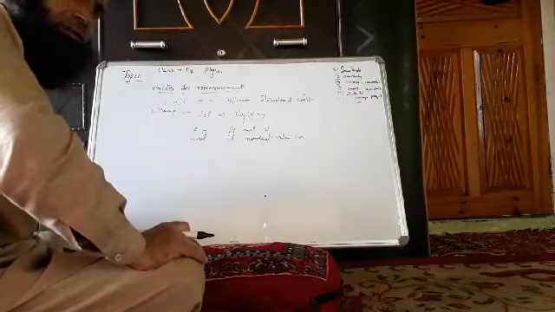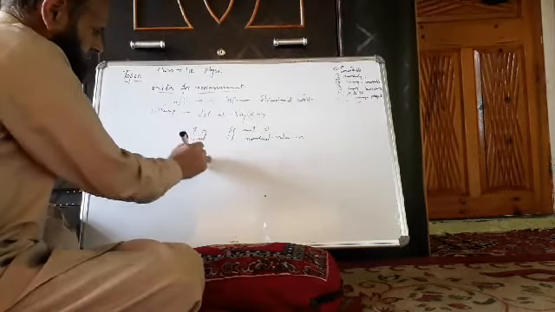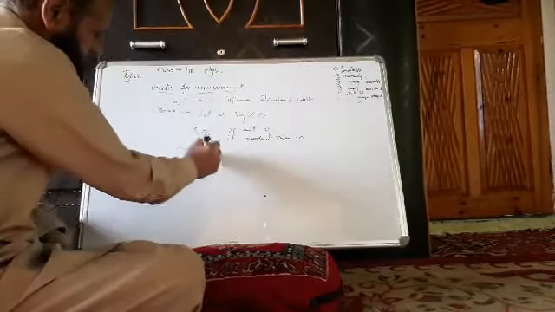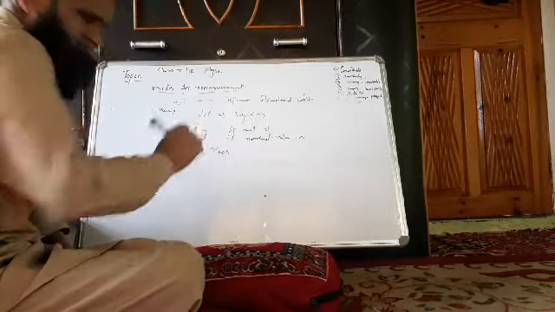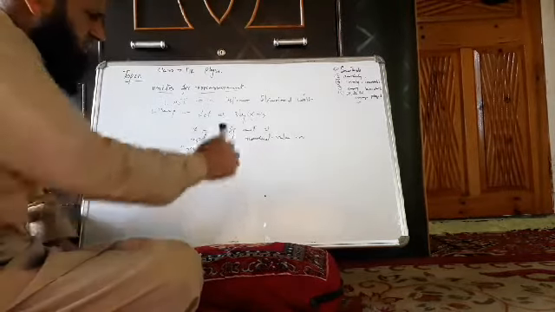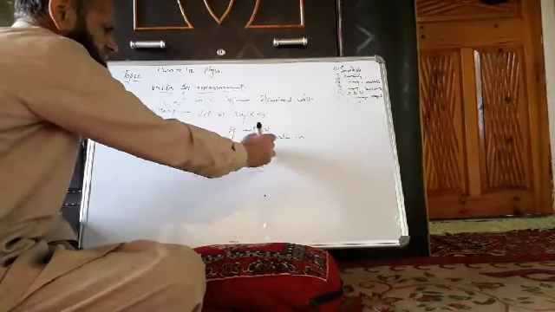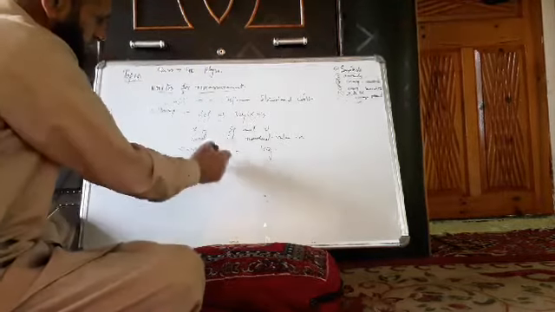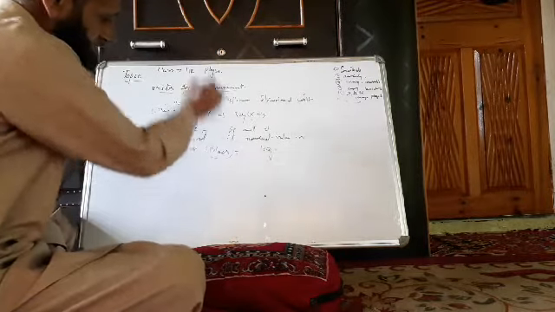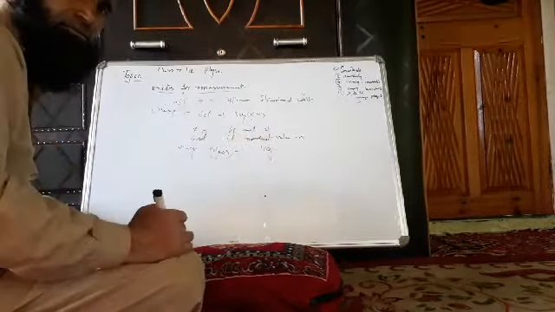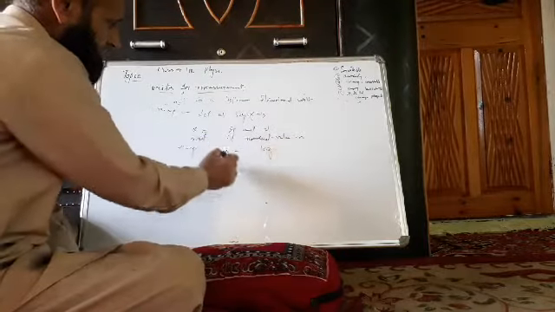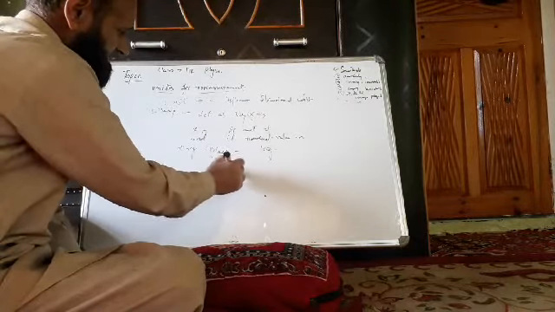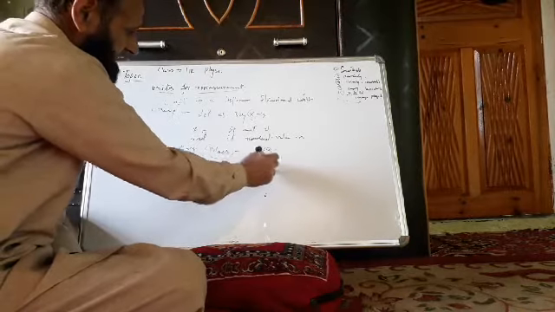For example, if we are measuring a mass, we know the SI unit of mass is kilogram. For measuring this mass, if this is the x quantity, we can show it like this: mass is equal to n kg.